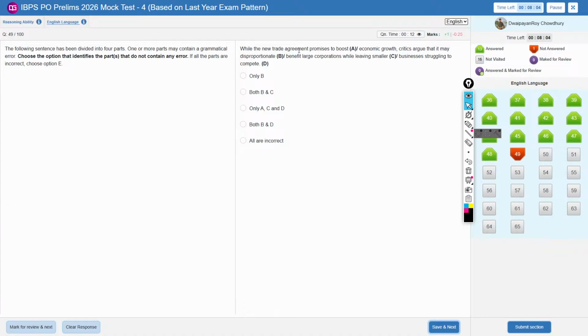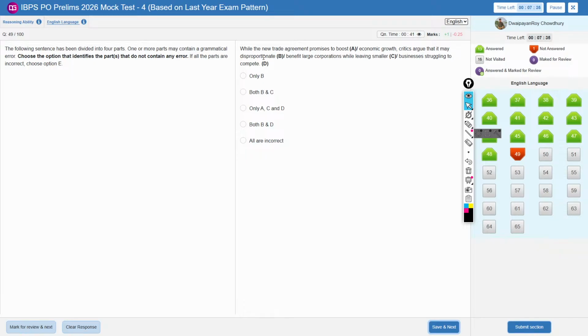While the new trade agreement promises to boost economic growth, critics argue that it may disproportionately benefit large competitors while leaving smaller businesses struggling to compete. Disproportionately.